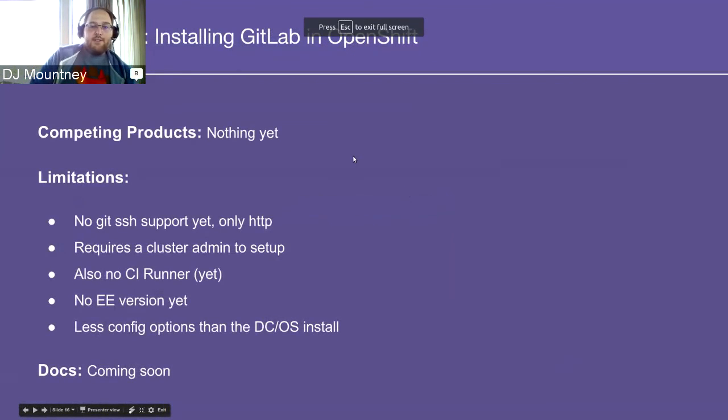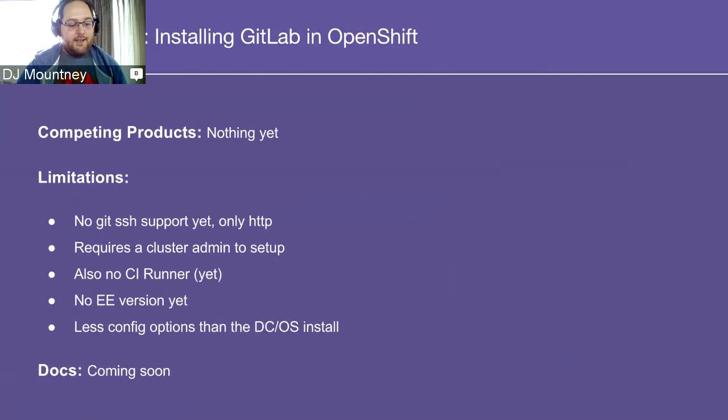So, competing products: there's nothing else yet that has an officially supported template for OpenShift. People were already using GitLab with their own templates, and people are already using things like Cog and Gerrit with their own templates.